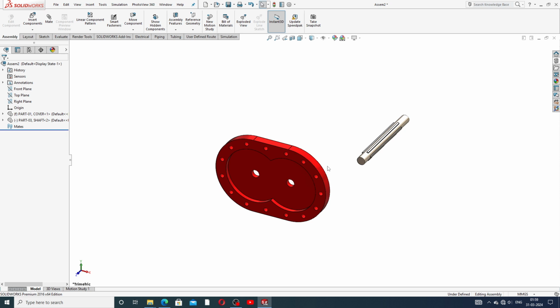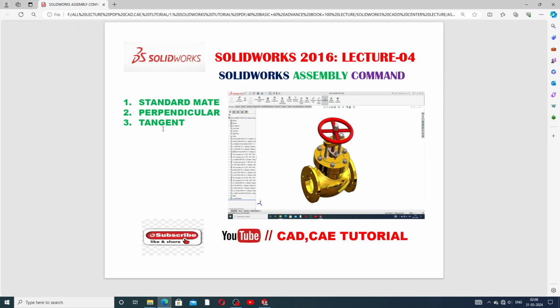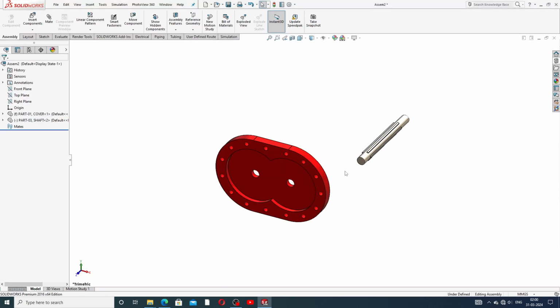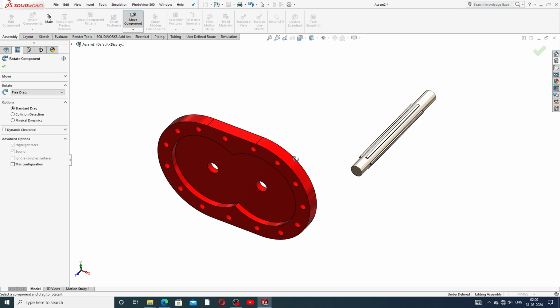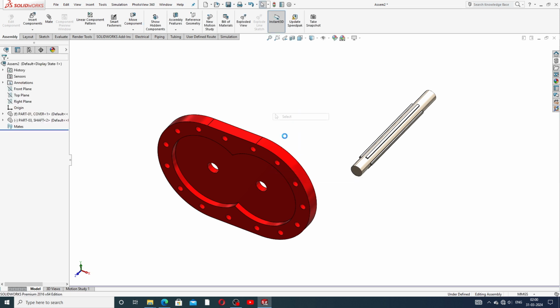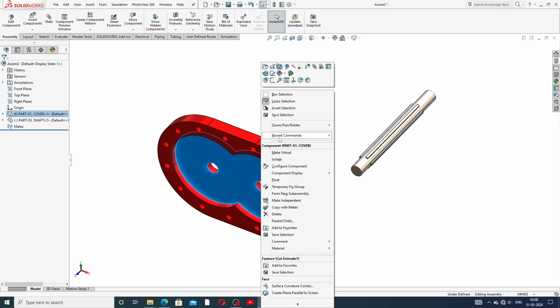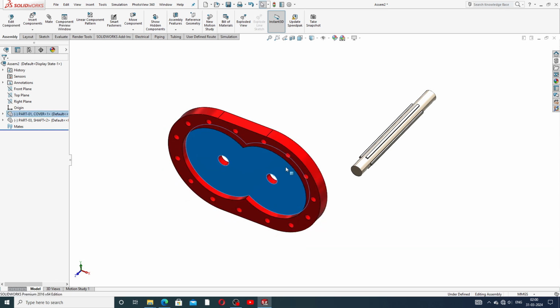Okay, and again use perpendicular and tangent to learn. At first, rotate this body. This body does not rotate because at first select this floating mode, click here.